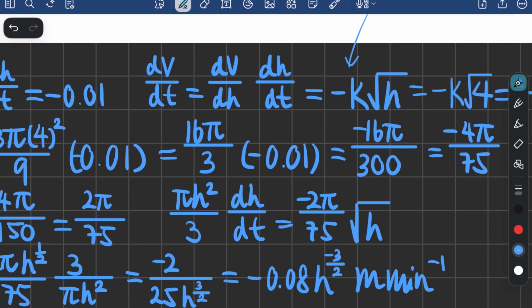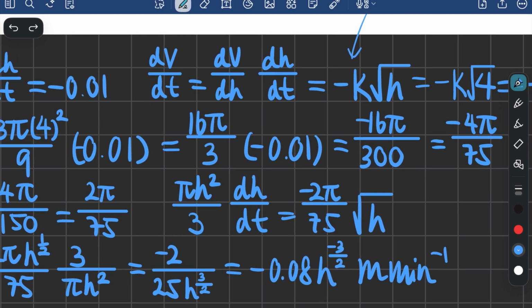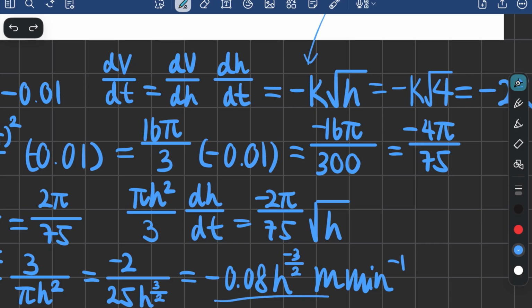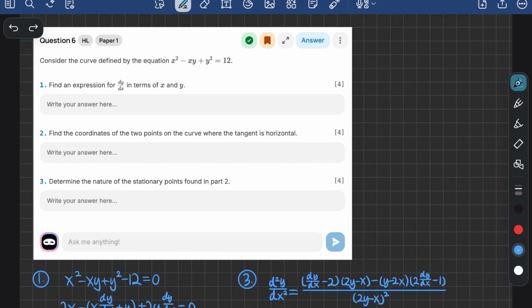So we need to isolate dh/dt, and we want to keep this on the other side. So now just move this term to the right side and simplify, and then you end up with dh/dt as a differential equation satisfied by h, written in this form, in meters per minute. So that's what the question means.